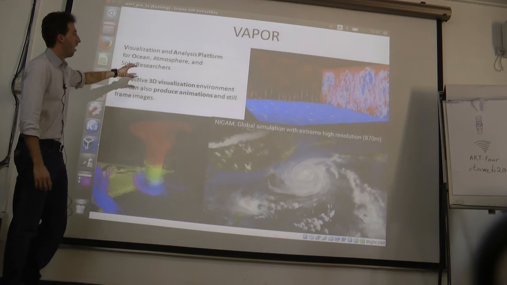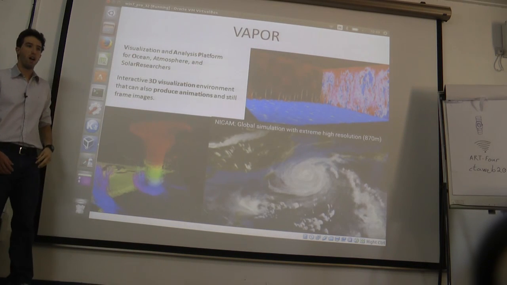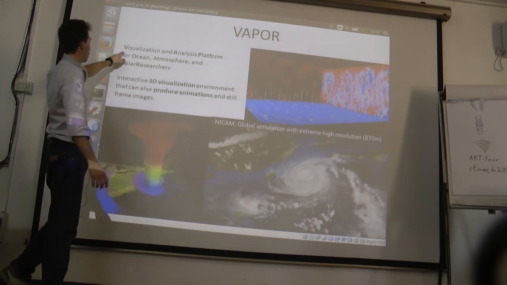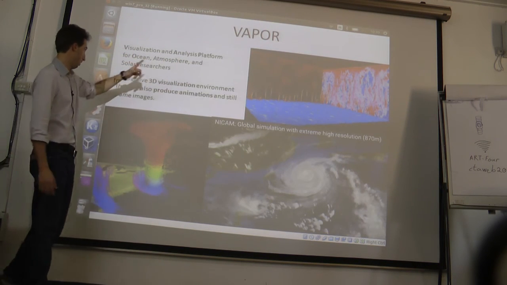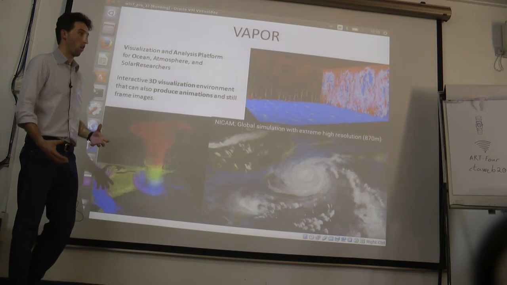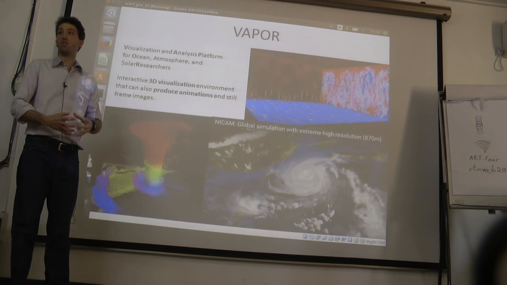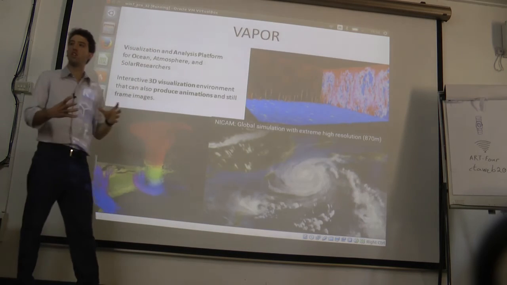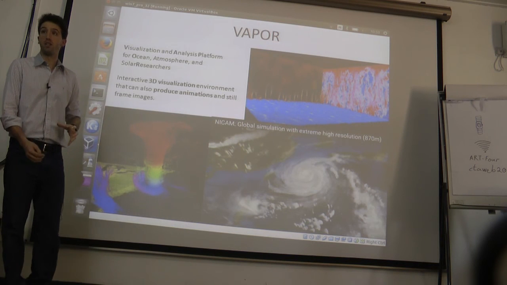There is also software called Vapor. It's a tool for animation. Vapor means Visualization and Analysis Platform for Ocean, Atmosphere, and Solar Researchers. It was built basically for analyzing model data, so you can make 3D animations with the WRF output, for example.